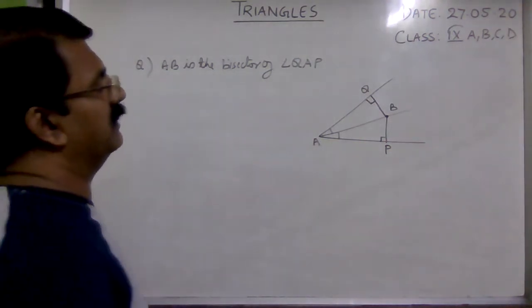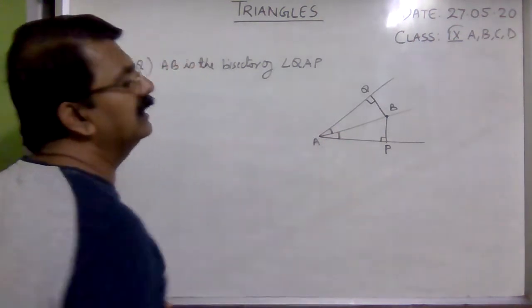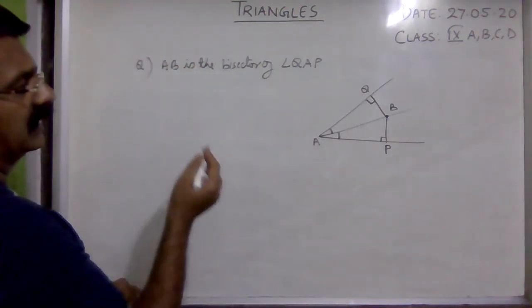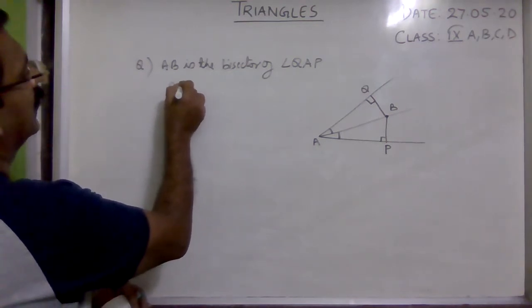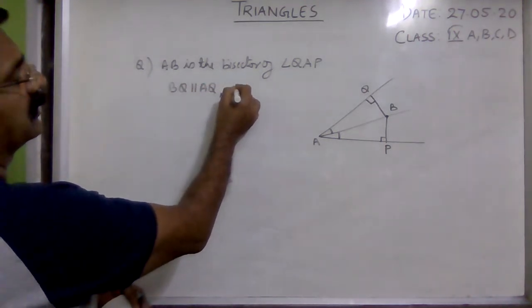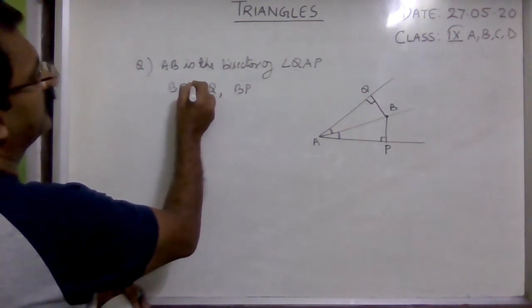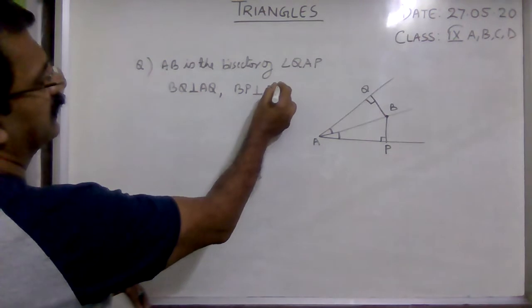AB is the bisector of angle QAP, means this angle is equal to this angle, and BQ is perpendicular to AQ, and BP is perpendicular to AP.